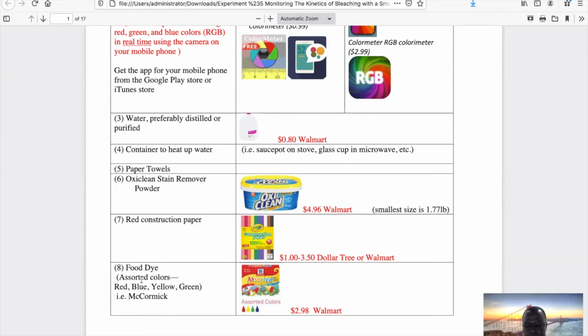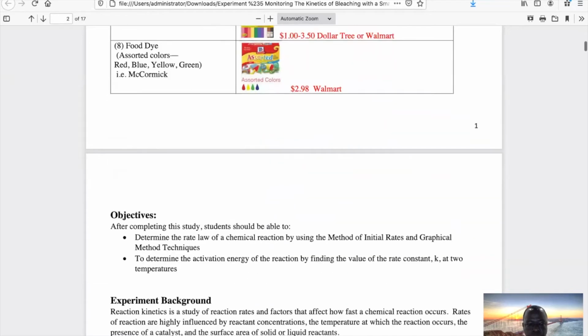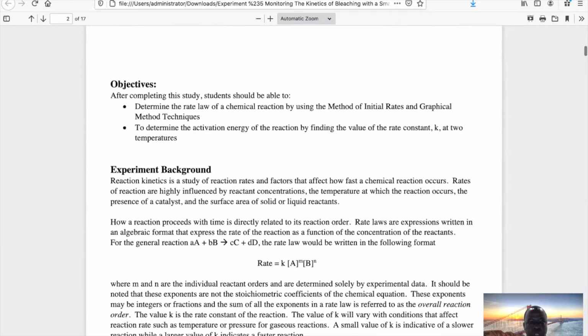The objective of this lab is to determine the rate law, which we looked at in the previous experiment, using the method of initial rates, which we looked at last time, and the new method, which we call the graphical method of determining the reaction orders.